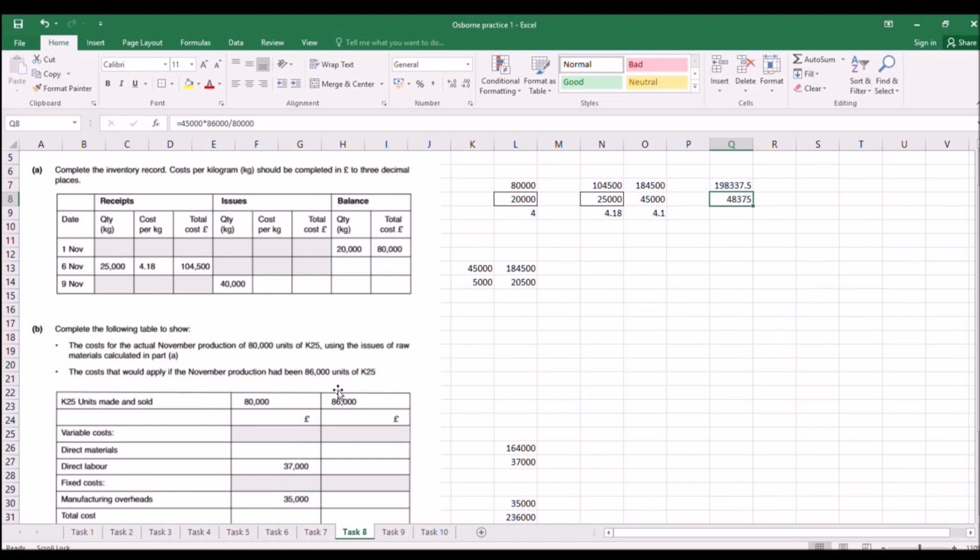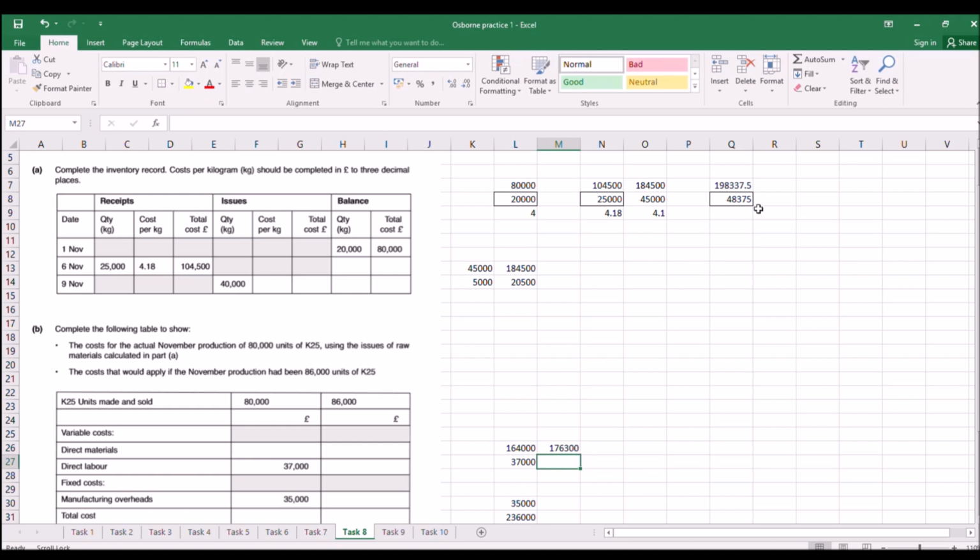The number of production would have been 80,000 here. So what have we got? We sent out 45,000 units. Let's do that. You can do this in 2 ways. Let's just make sure that it adds up in the same way. So we times by 86 divided by 80.